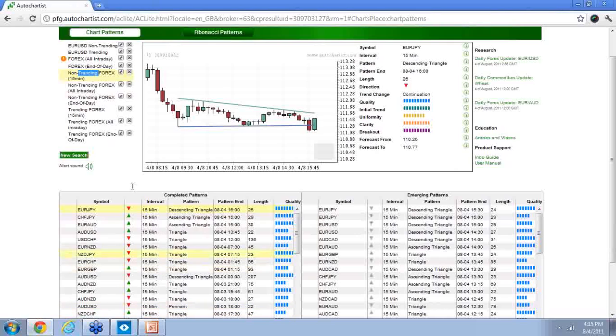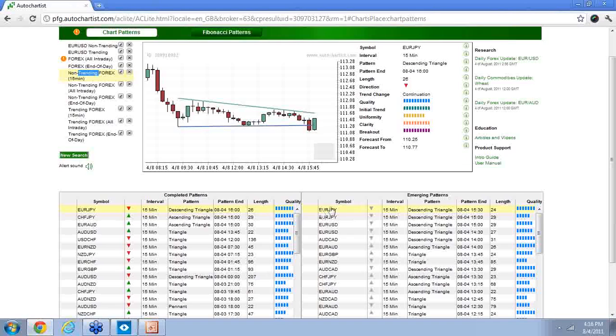Okay, you can filter by specific chart pattern only. You can filter on any one of these factors: interval, pattern, length, and symbol. Again, you want to find that personal preference or that zone that makes you comfortable and makes you want to be a more active trader.